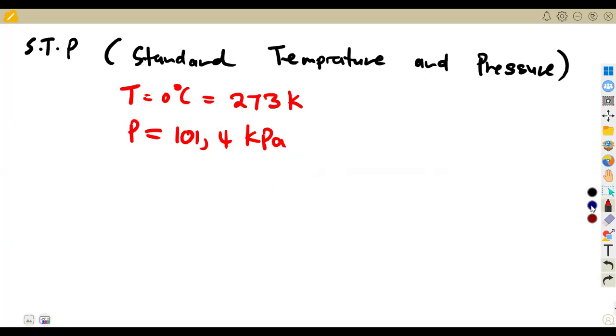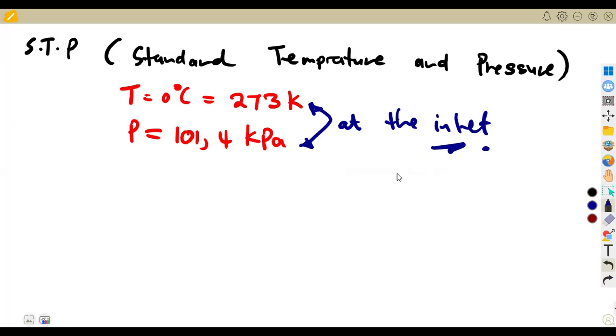So what are these values used for? The values for the temperature and the pressure are the ones used at the inlet, when the gas is entering. They work at the inlet conditions, so we are talking about T1 and P1.